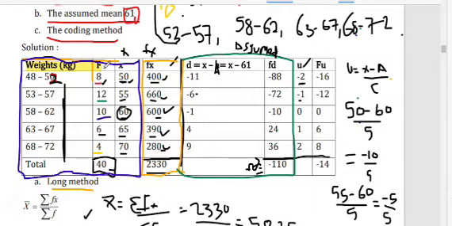fu means f times u. So 8 times minus 2 is minus 16. 12 times minus 1 is minus 12. 10 times 0 is 0. 6 times 1 is 6. 4 times 2 is 8.